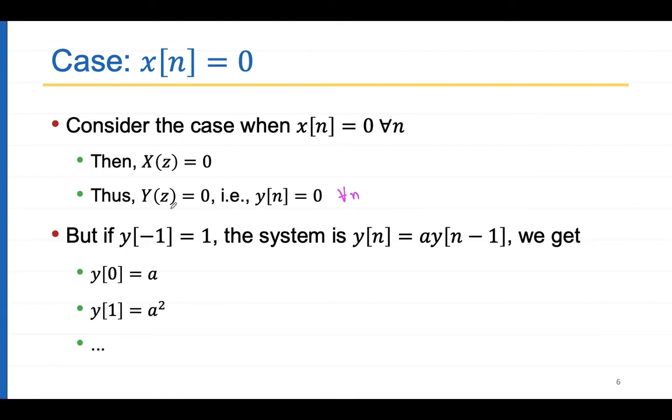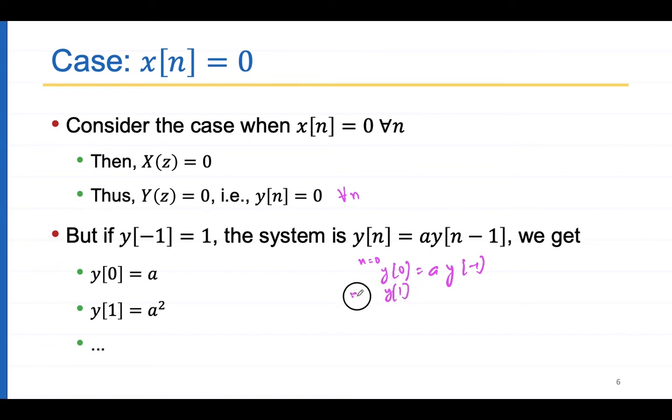If my initial condition was not 0, then the system will evolve as per this equation, which means y[0] is a times y[minus 1]. Let's say y[minus 1] is 1, then y[0] is a.